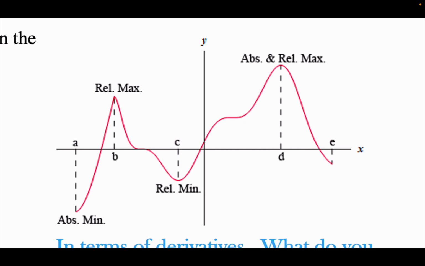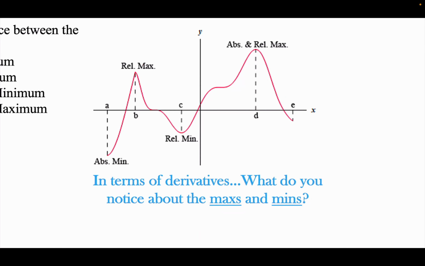Is it the absolute? Maybe, maybe not. A minimum is the opposite: you go from decreasing to increasing. That's a switch. That's what we're going to do today. We're going to be on the lookout for relative maximums and minimums and absolute maximums and minimums.